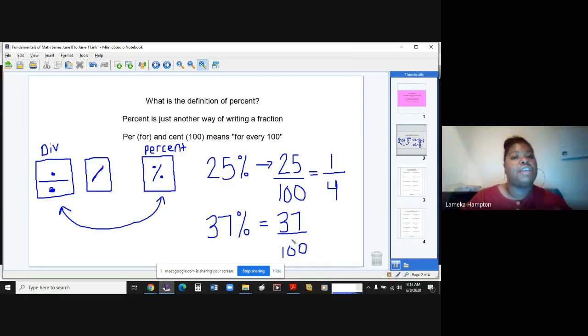But again, I will get into more detail about that later on this week when we are talking about converting fractions, decimals, and percents. Okay. And the good news is we do not have to simplify 37 over 100 because it's already simplified, which is the good news.